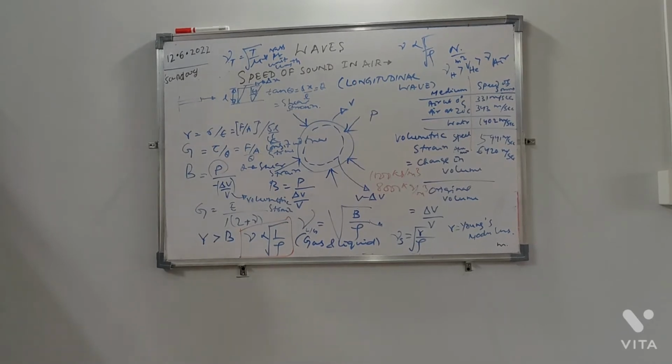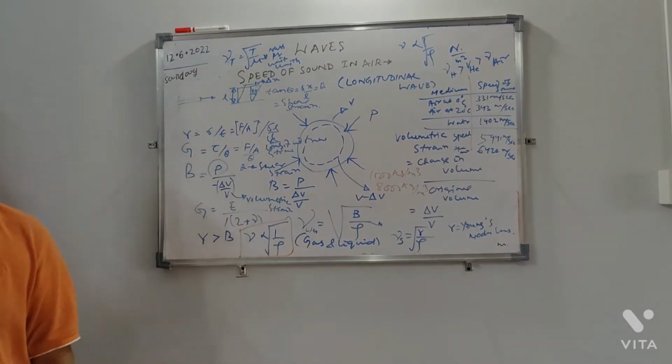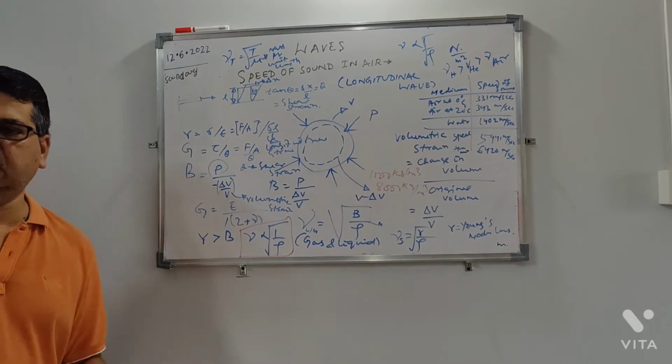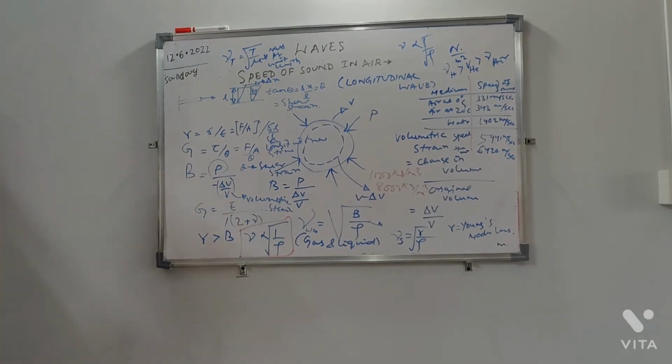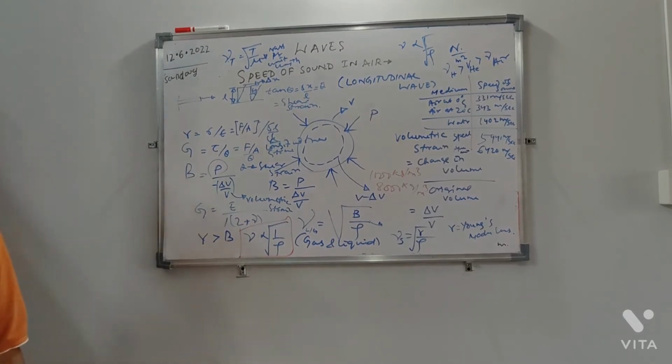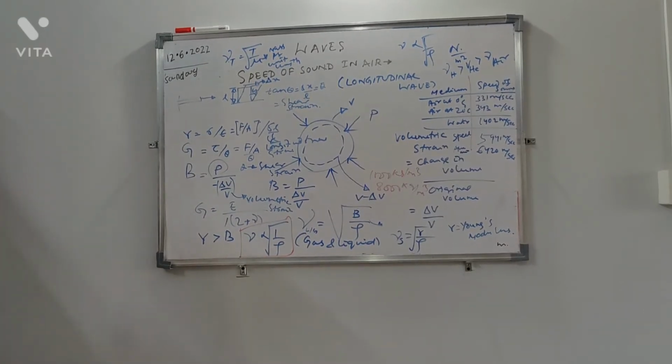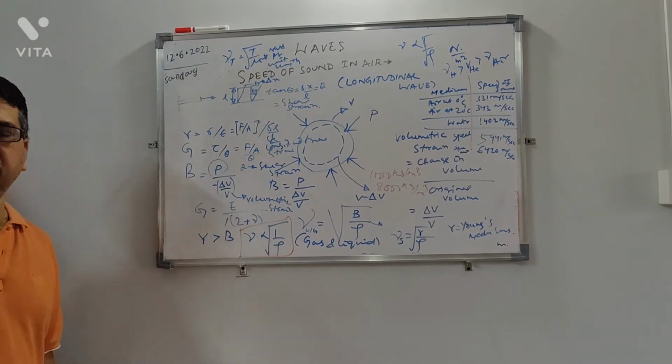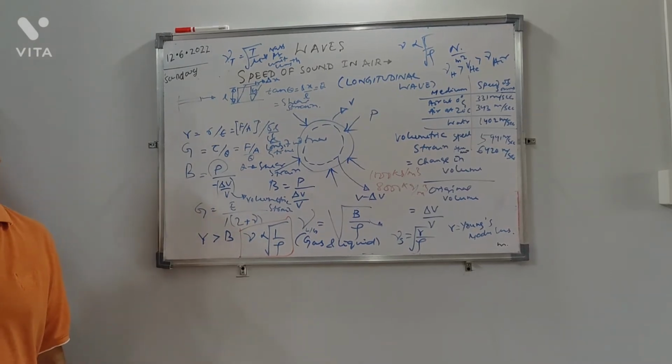When we say subsonic aircraft or supersonic aircraft, we compare the speed of the aircraft with the velocity of sound in air. Normally, when we say velocity of sound, we mean velocity of sound in air. When you see lightning, after you see the light, somebody will say there will be thunder now.